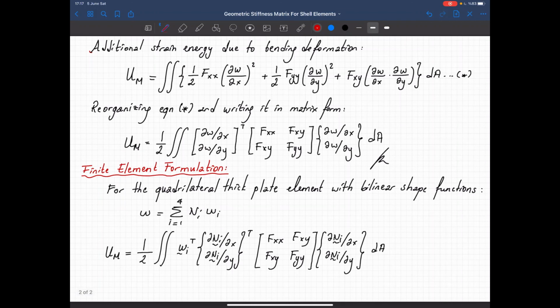So if I call this vector G, let's call this one our stress matrix, and this is also G.